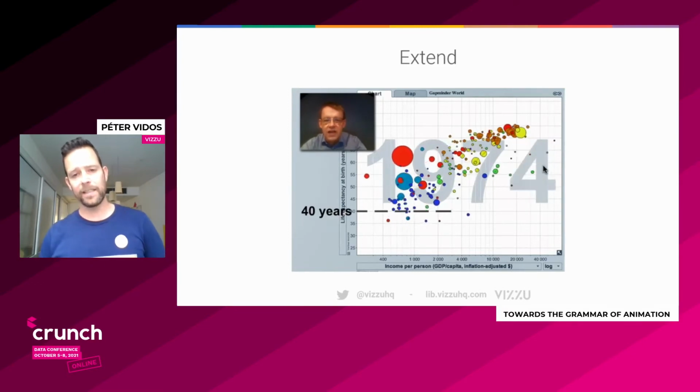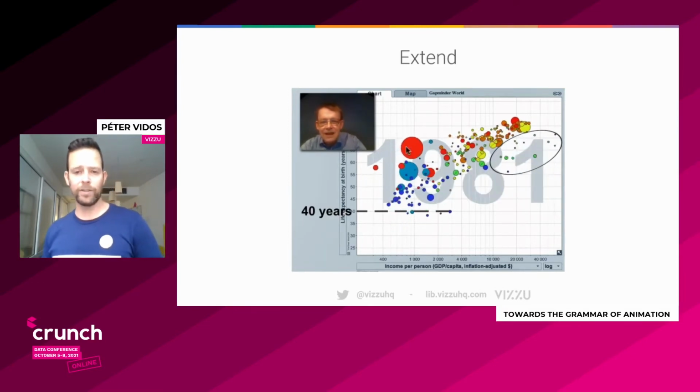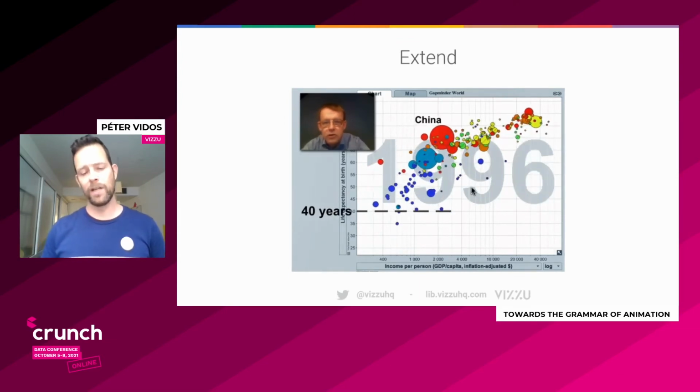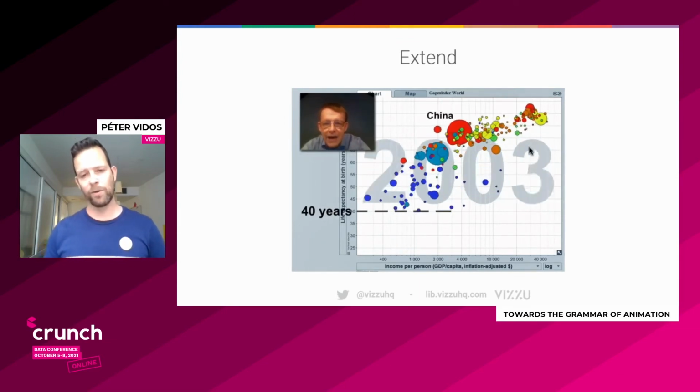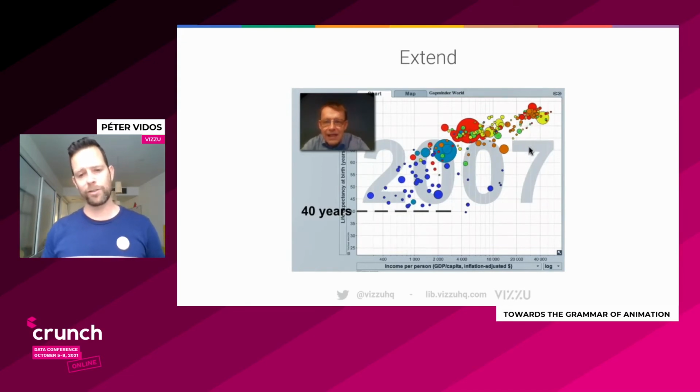And the fact is that on his charts, he's using all the available options, even without the movement. So there are two measures on the X and the Y axis: life expectancy and income per person. There's categorical information on the colors of the bubbles, which is which continent they belong to.